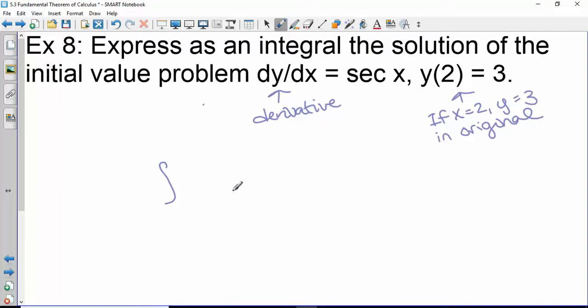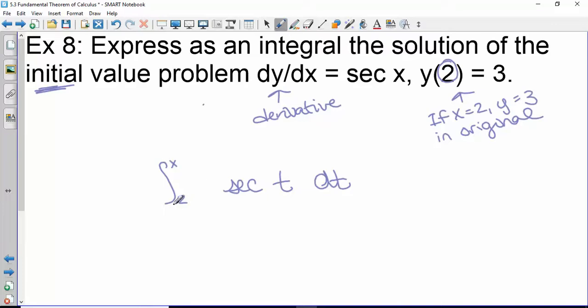We know that we looked at yesterday, if we integrated from a constant up to x, we could just plug in the x when we did the derivative, right? So I know this will be an x. We need a different variable here, so maybe a secant of t, dt. Since this is initial value, initial means starting, so 2 would have to be our starting point.